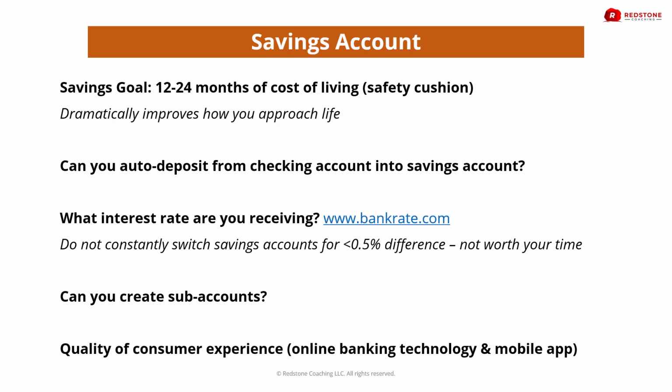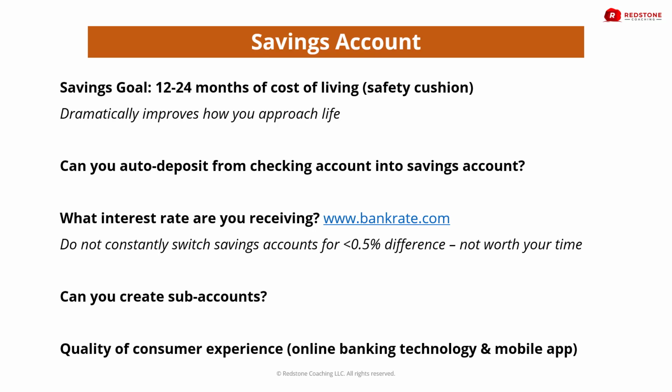All right, then the next thing you want to do is figure out what interest rate you are receiving. If you don't have a savings account, you can go to www.bankrate.com. By no means am I affiliated with them, but Bankrate is a giant aggregation website that provides all the different options and tells you how much interest each bank is paying.